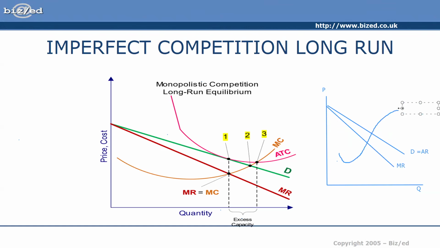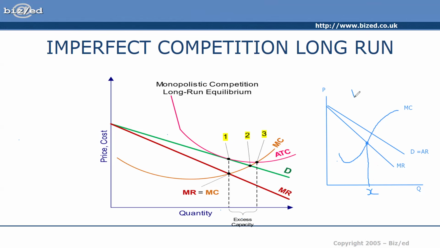And where do we operate again? Where marginal cost is equal to marginal revenue. Right here. So we are producing this amount of goods. For us to make normal profits, our average cost needs to be equal to our average revenue.